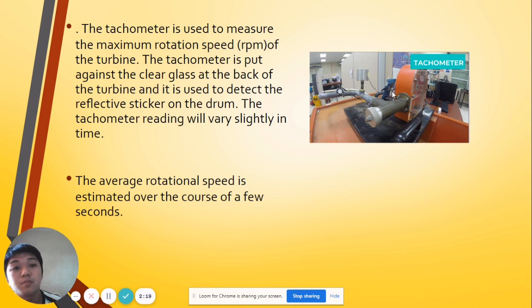It is placed against the clear glass at the back of the turbine and detects the reflective strip at the front. The reading of the tachometer varies slightly over time, so the average rotational speed is estimated over the course of a few seconds.